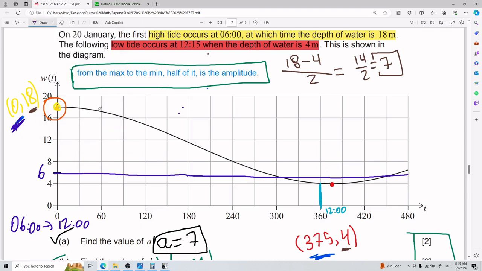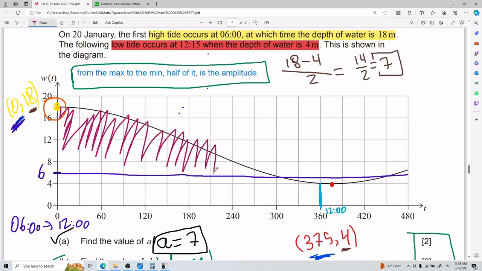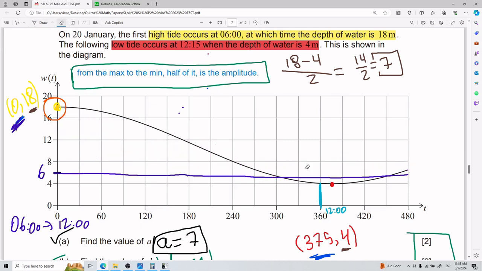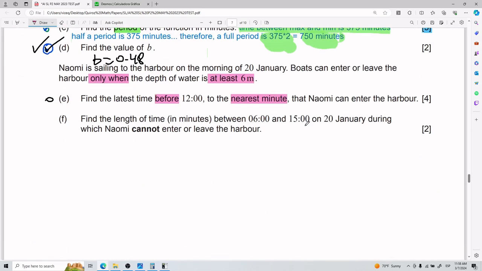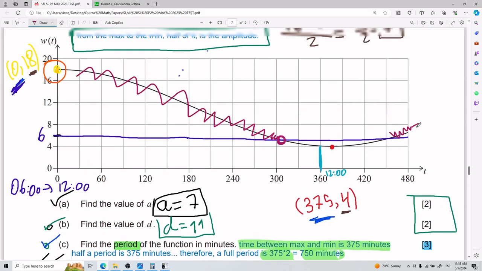So Naomi can enter or leave anywhere around here, and as a matter of fact, also over there. Let me be very specific. She can enter or leave here or here. Now it's pretty obvious what we have to do. We've got to find this piece of time, and from that or beforehand, Naomi can enter or leave. So find the latest time before 12, to the nearest minute, that Naomi can enter the harbor.